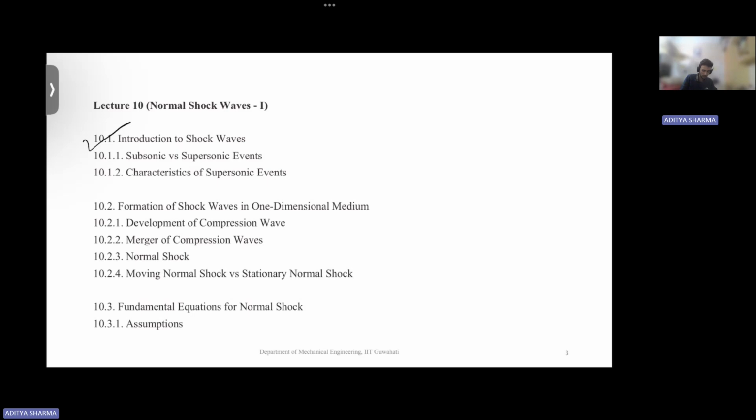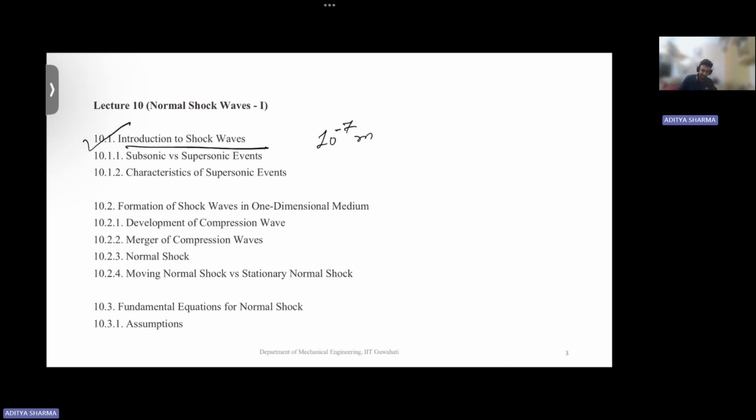So, introduction to shock waves. We have been told that this shock wave has a finite thickness. It's a very thin region, of the order of 10 raised to power minus 7 meters.